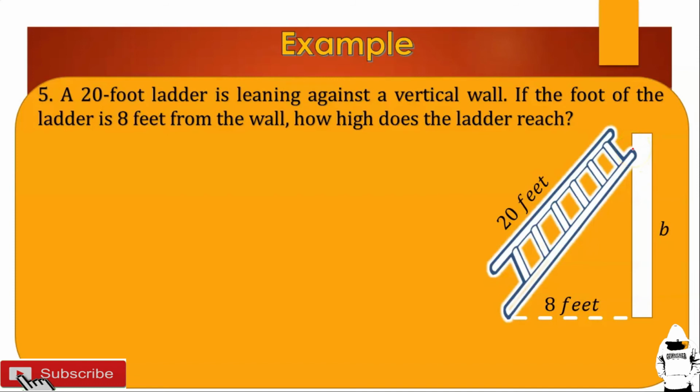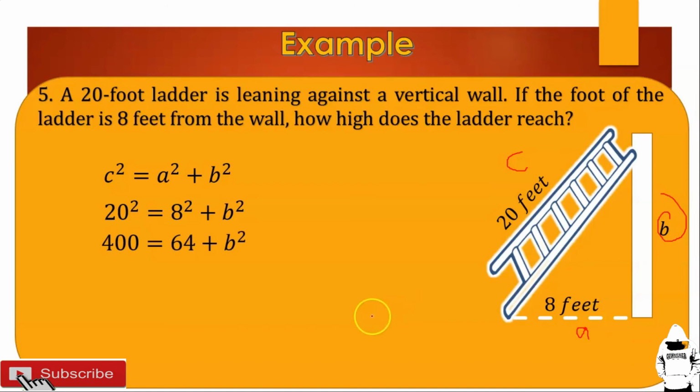Okay? So, let's consider or let's name this as B. Okay? So, again, by using this formula, yung ladder po natin, ito yung C natin. And then, yung 8 feet na yan, this is letter A. So, ang hinahanap natin dito yung B. So, by substitution, we have 20 squared is equal to 8 squared plus B squared.